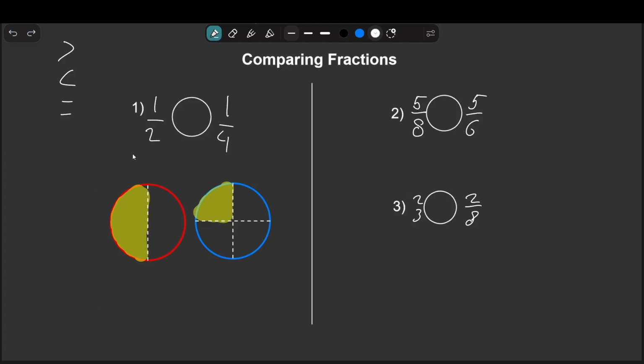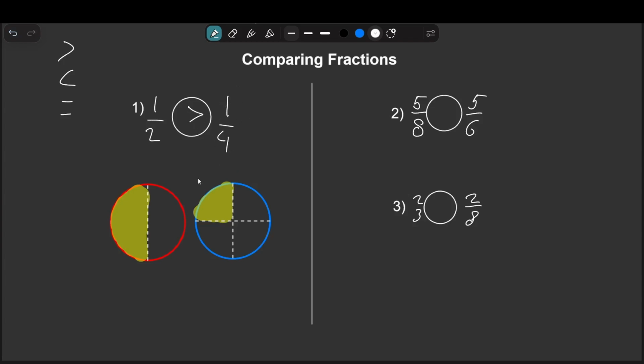In this circle we have two equally cut pieces, but one piece is bigger than one piece on the circle with four equally cut pieces. So we can say 1/2 is larger or greater than 1/4.